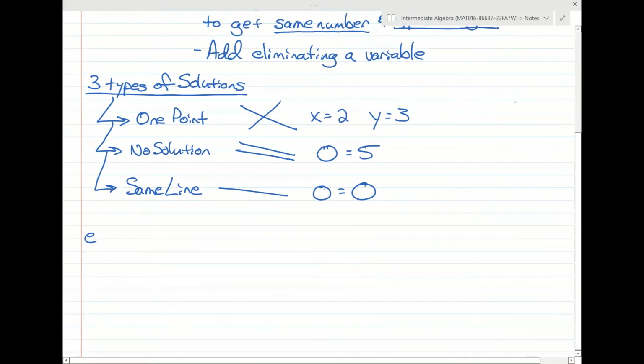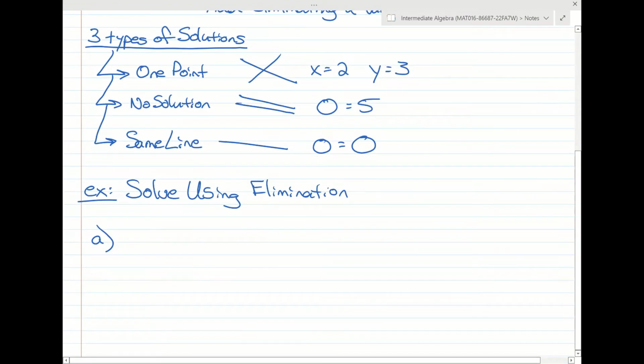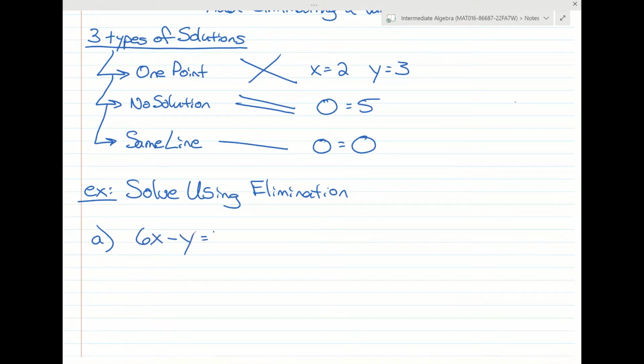So the directions will be to solve using elimination. Let's say we had a problem where it was 6x minus y is equal to 27, and 5x plus y is equal to 28.